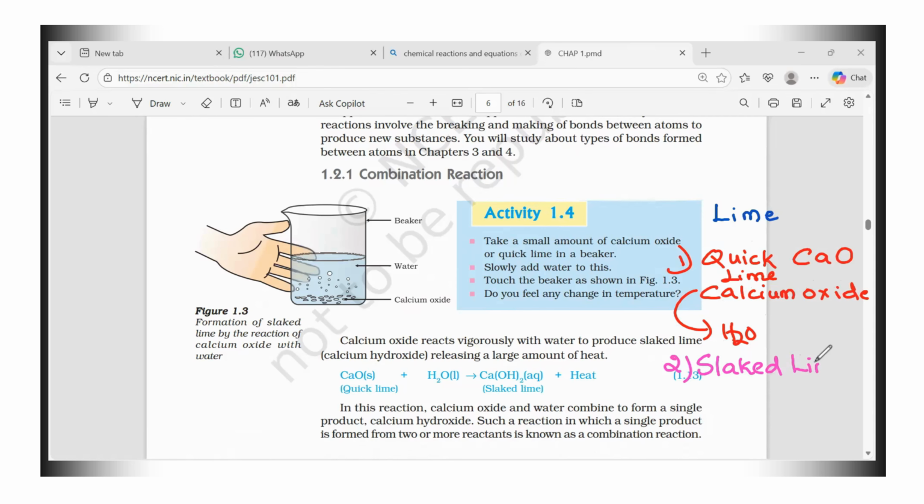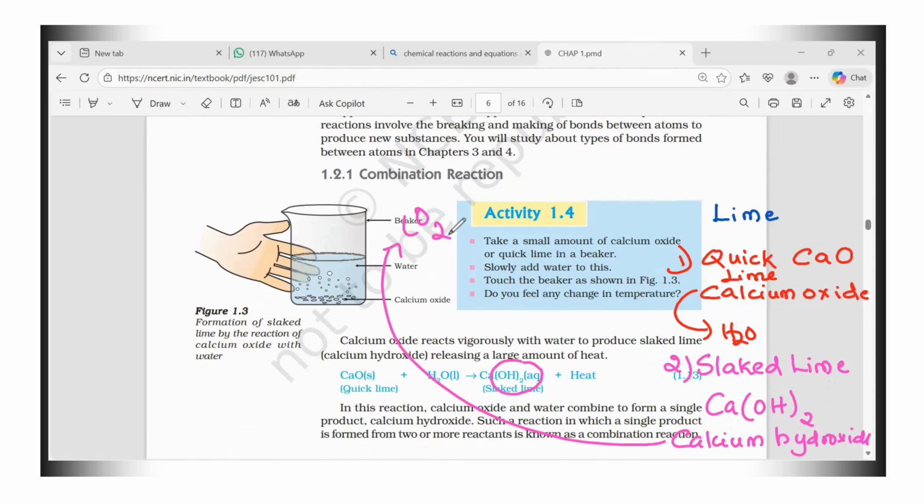So what is slaked lime? Adding water to calcium oxide, what we will get is Ca(OH)2. Anything in water, we call it aqueous. So slaked lime is calcium hydroxide. Now, to calcium hydroxide, if you add carbon dioxide, it will become calcium carbonate.